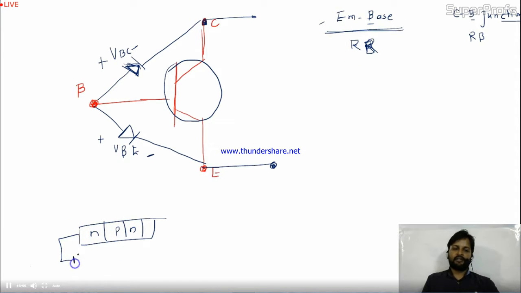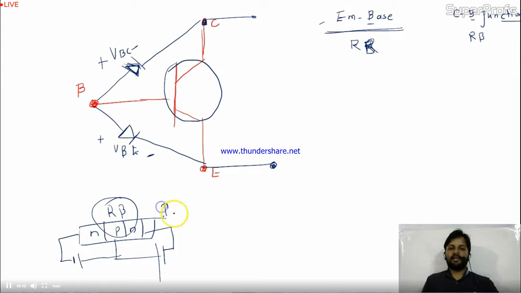You are making the emitter-base junction negative like this, and the collector-base junction also negatively biased. This is the fully reverse bias circuit. In reverse bias, I equals 0.